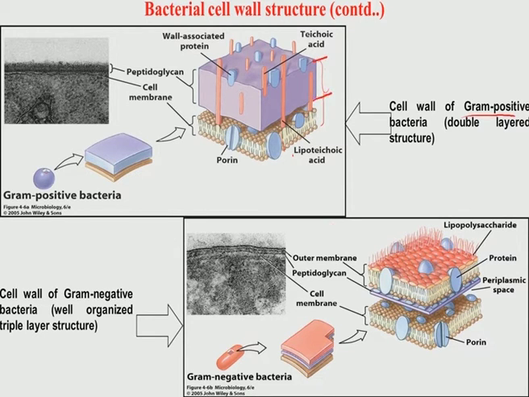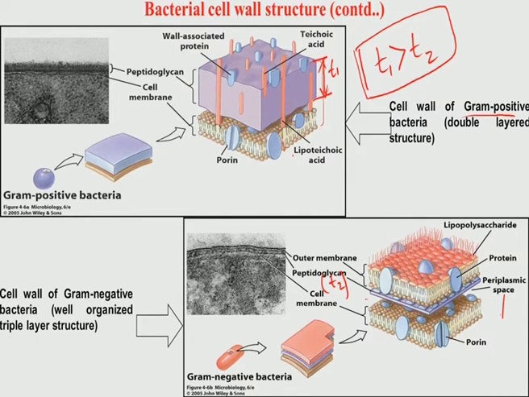If this peptidoglycan thickness is T1 and the thickness in the gram negative is T2, certainly T1 is greater than T2. That means the peptidoglycan layer in gram positive bacteria like Staphylococcus species is much thicker than in gram negative bacteria.